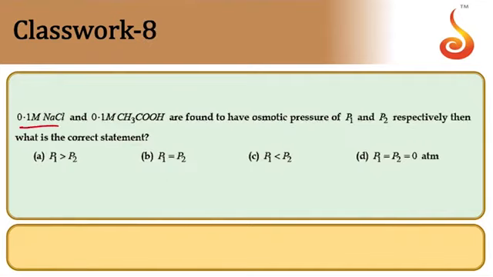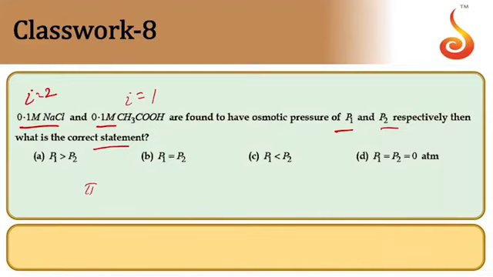Then 0.1 molar NaCl and 0.1 molar acetic acid were found to have osmotic pressures P1 and P2 respectively. Which of the following statements is correct? The osmotic pressure depends upon the value of i also. The Van 't Hoff factor i is equal to 2 for NaCl and i is 1 for acetic acid.